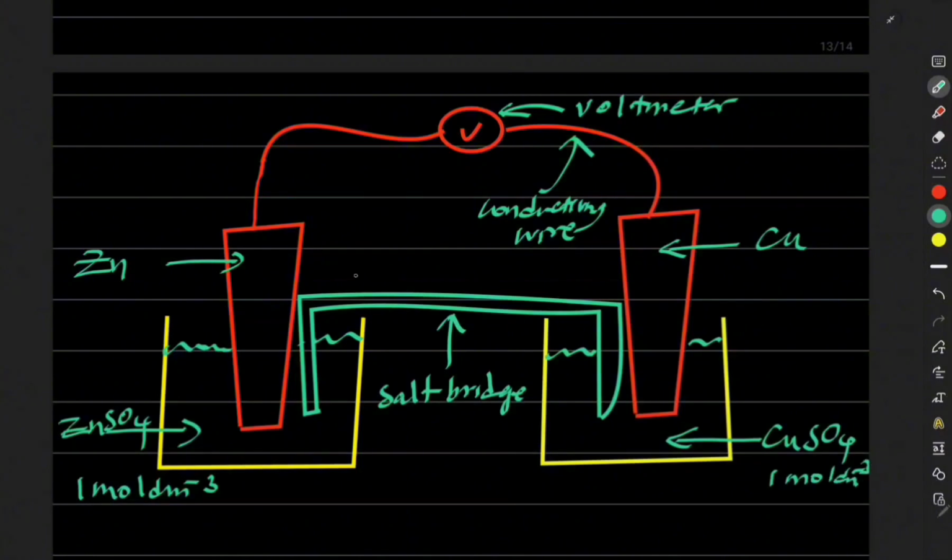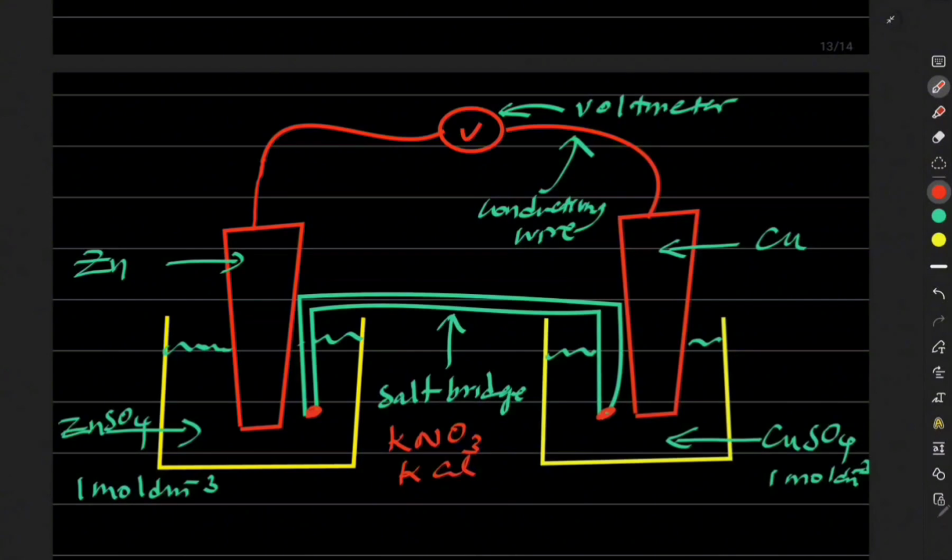This is the salt bridge, and the salt bridge can contain KNO3 or potassium chloride. These are electrolytes, and at the end of the salt bridge, there will be jellified agar or cotton wool.